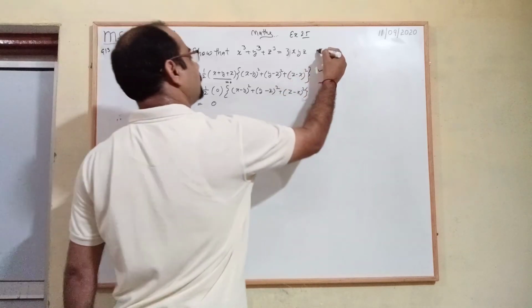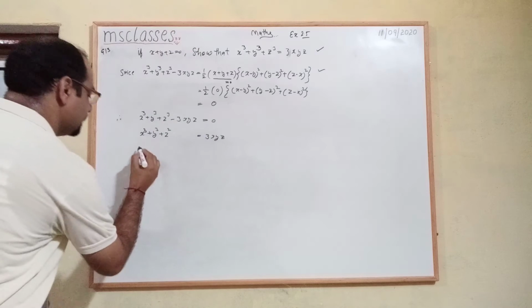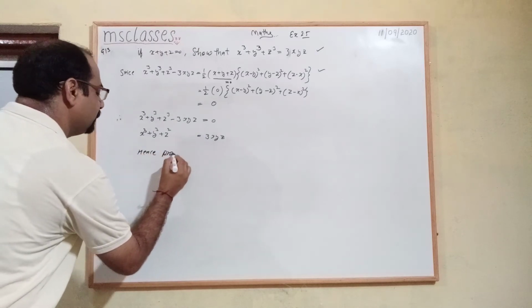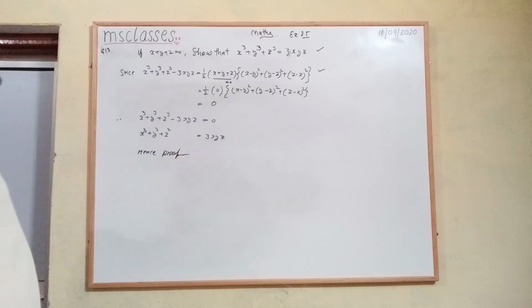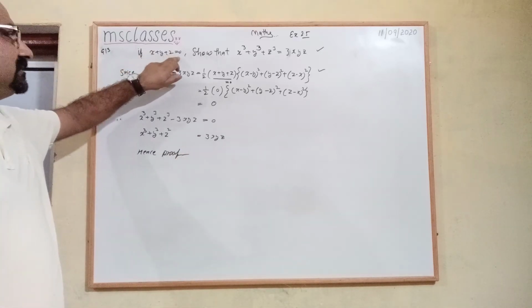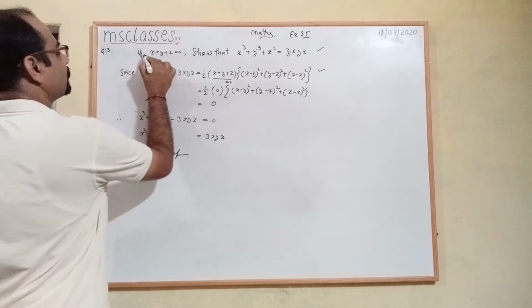So this is your proof. Hence proof. This is your question: x plus y plus z is equal to 0. This is given.